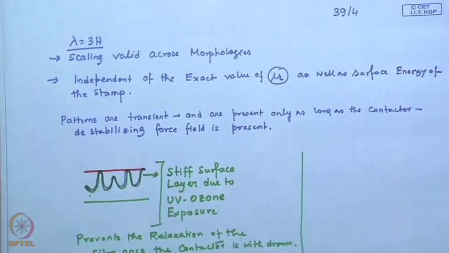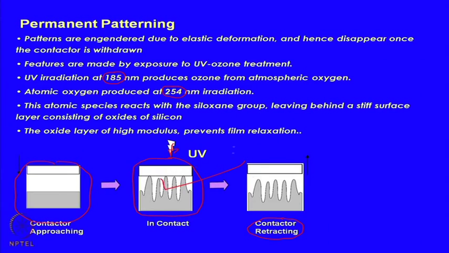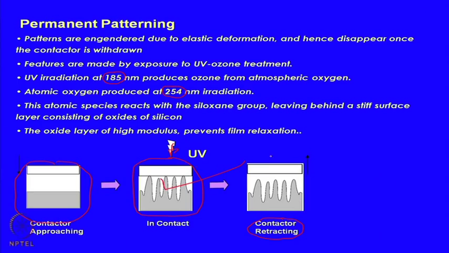Okay. So, thereby you can make permanent patterns based on elastic contact instability. Of course, making the structures permanent is associated with some chemical modification of the surface.